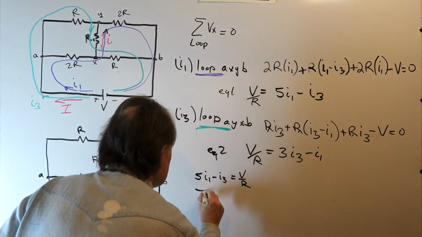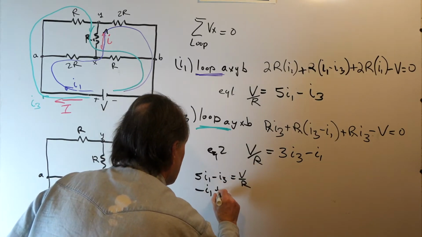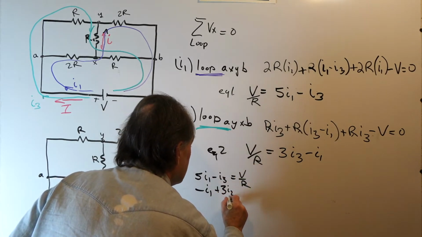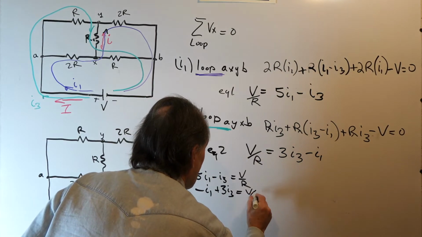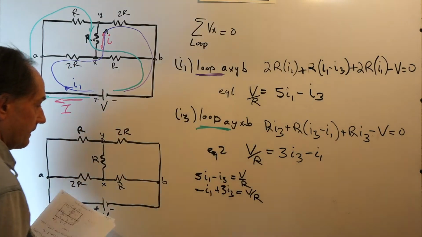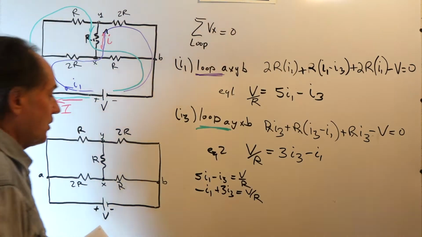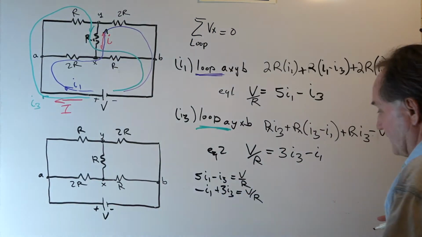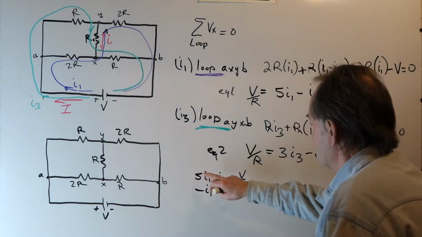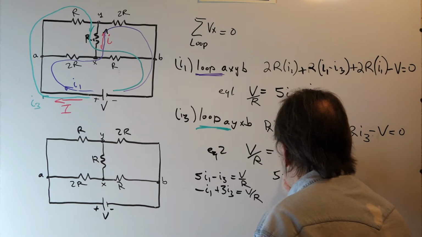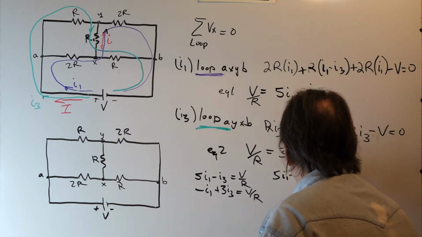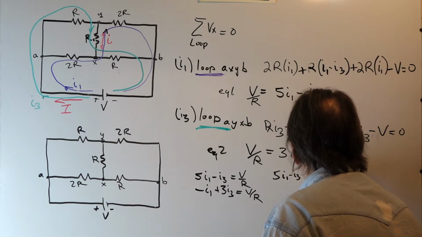So we have a minus I1 plus 3I3 is equal to V over R. So we can just do simple equation addition here. I'll carry this equation over. So we have 5I1 minus I3 equals V over R.